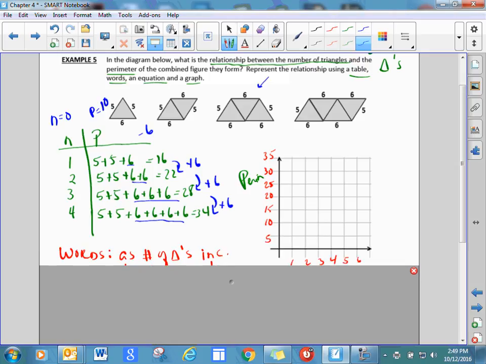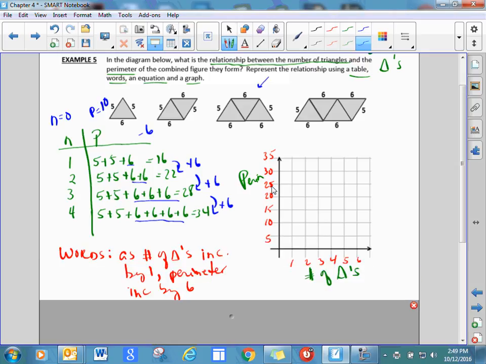So we can go plot these points. And again, I'm going to pick the scale of my axes based on my data. On the number of triangles, I only have to get to 4. So I can spread out. On the y-axis, on the output, the perimeter goes all the way up to 34. So I'm going to go up by 5s on my y or my output axis.